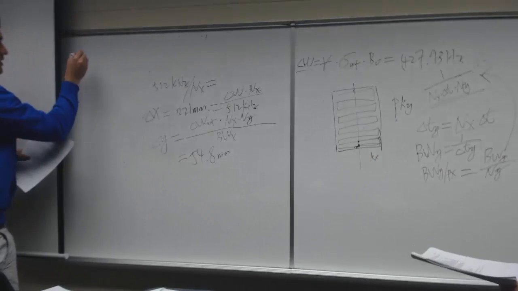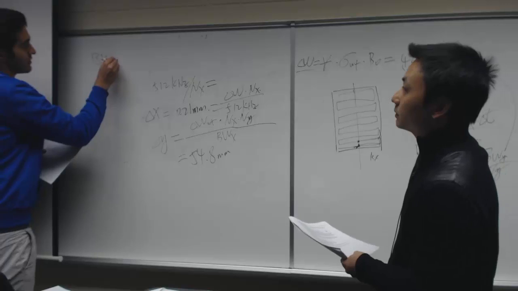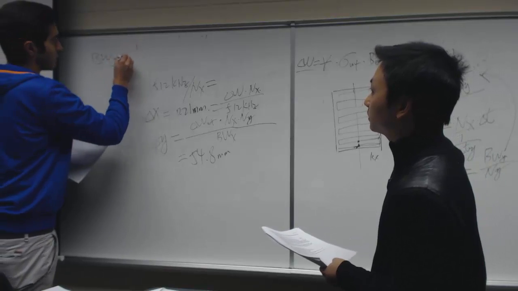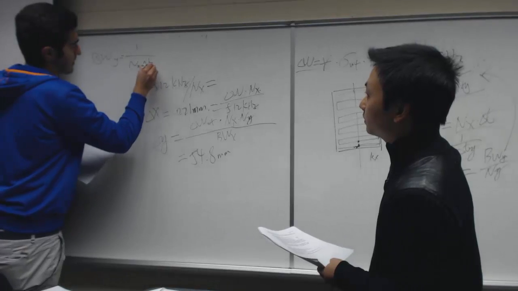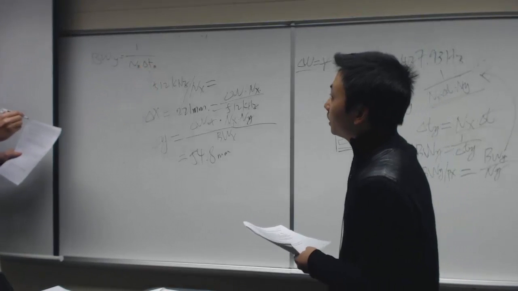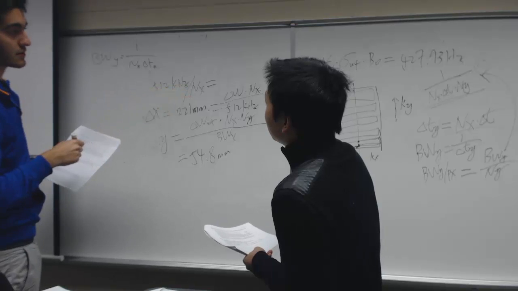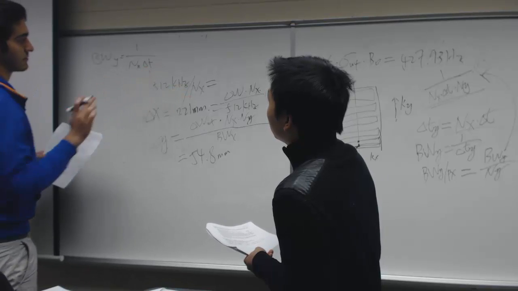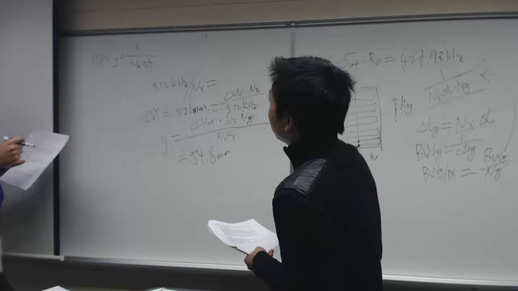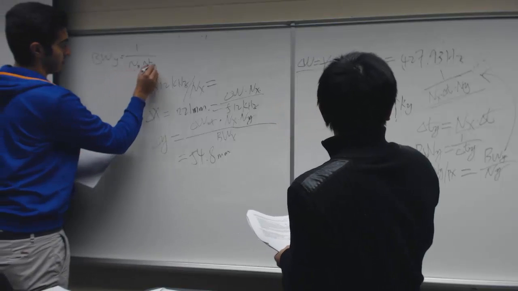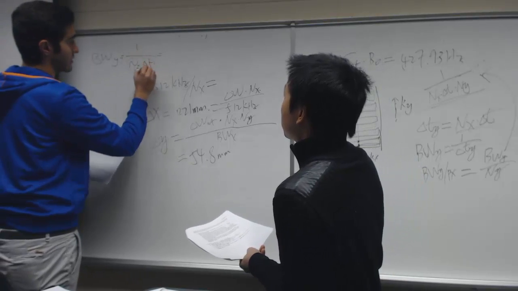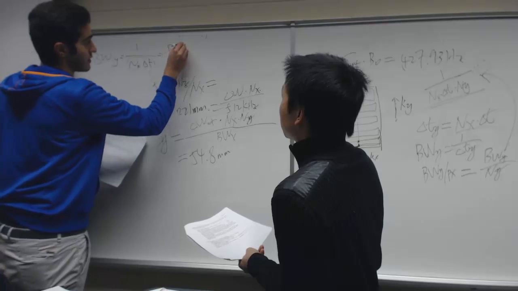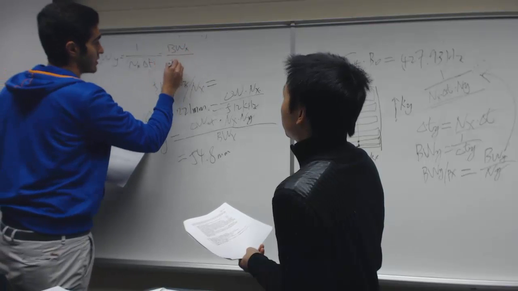So I wrote bandwidth y equals 1 over Nx delta t, yeah. It's t readout. That's right. So 1 over delta t would be bandwidth x over Nx.